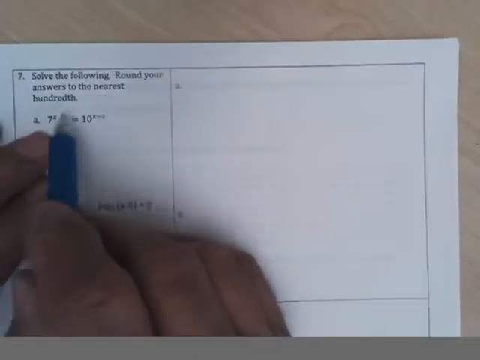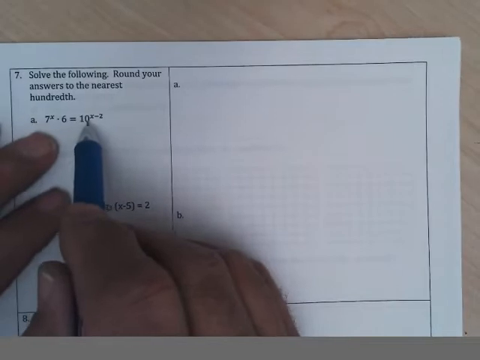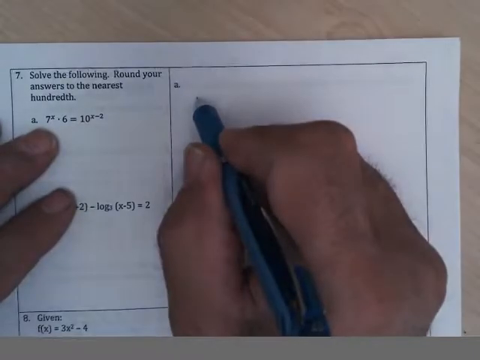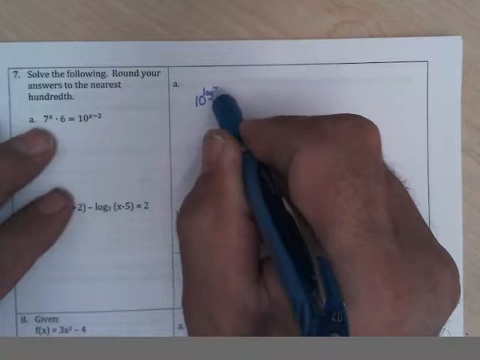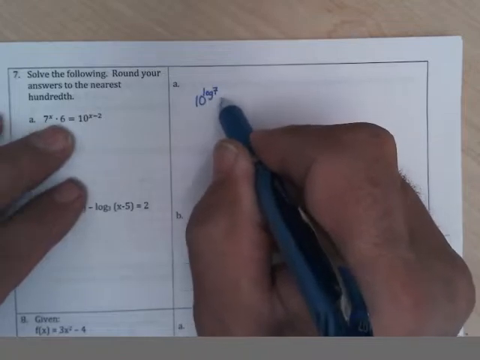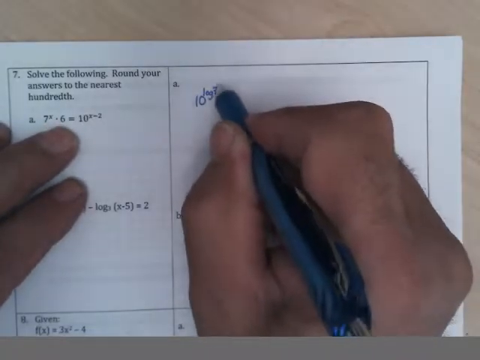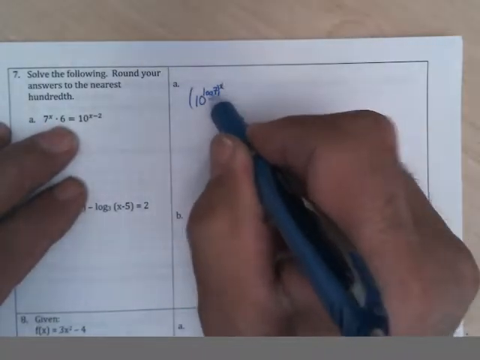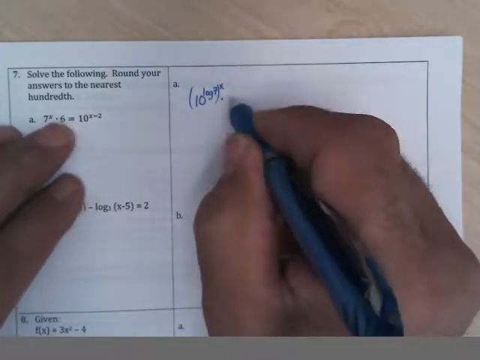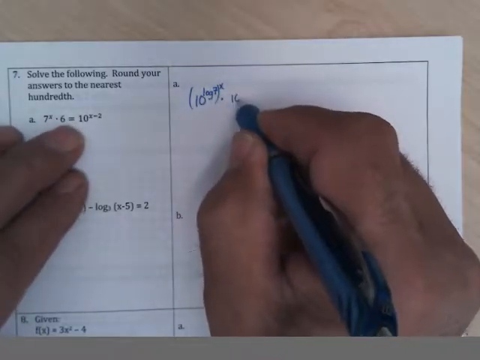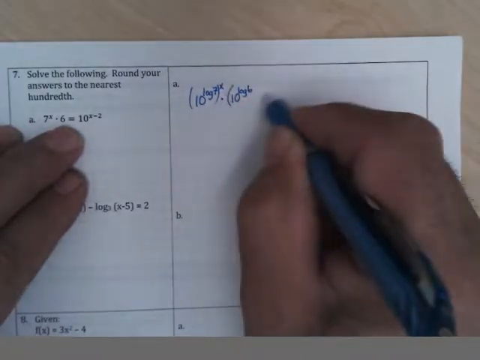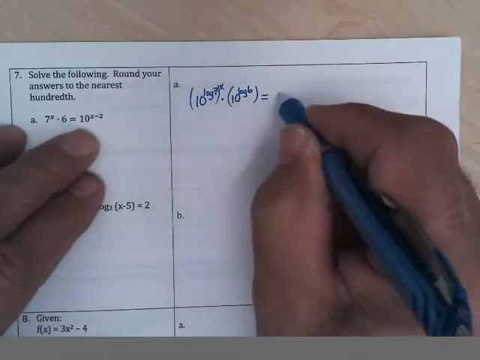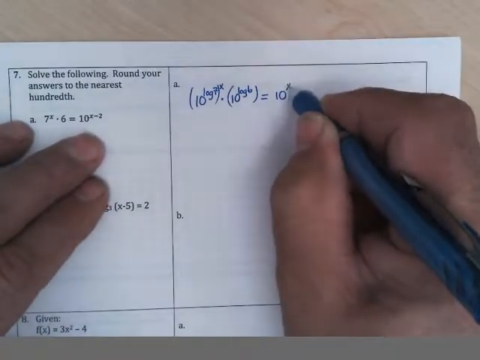Solve and round your answer to the nearest. So let's do base 10. So 10 to the log of 7 to the x times 6, 10 log 6 is 6, equals 10 to the x minus 2.